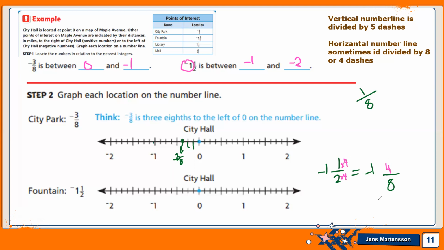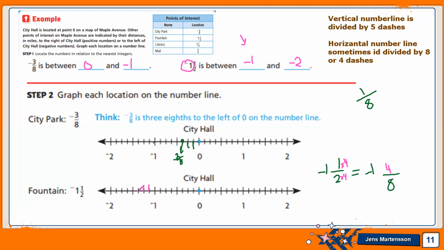Let's continue now. We said that it's between -1 and -2 from here. Now let's count. -1 and 1/8. -1 and 2/8.